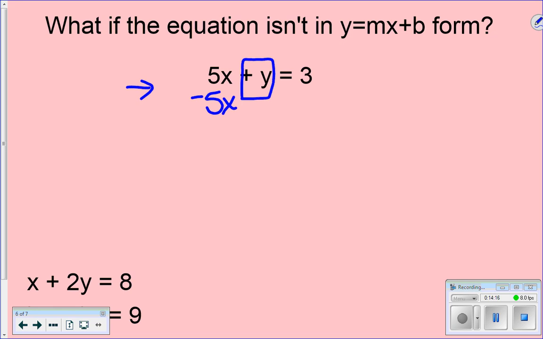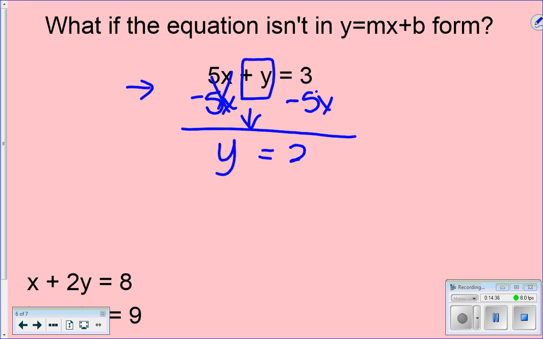So now, if I do something on one side, what do I got to do to the other side? I have to subtract it. But here's the deal. This goes away, but can I do anything over there? I mean, 3 doesn't have an x with it, so can I really subtract anything? Okay, so this is what it looks like now then. Y comes down, equals, then I'm just going to do 3 minus 5x because I can't do anything else.